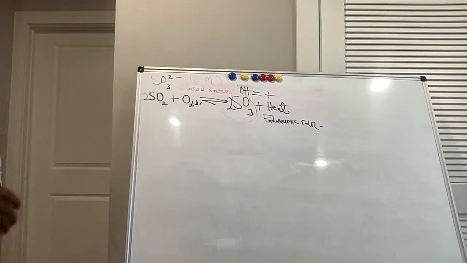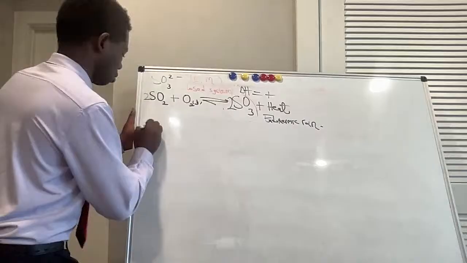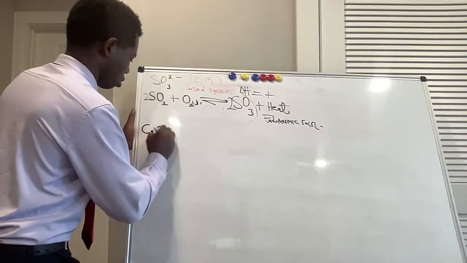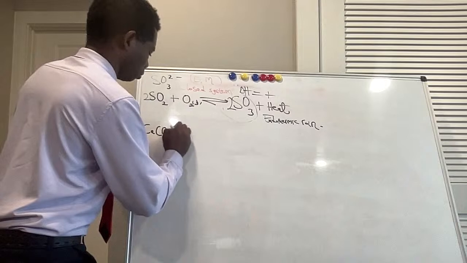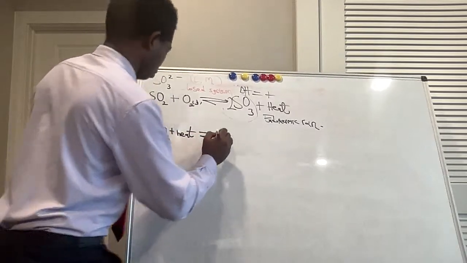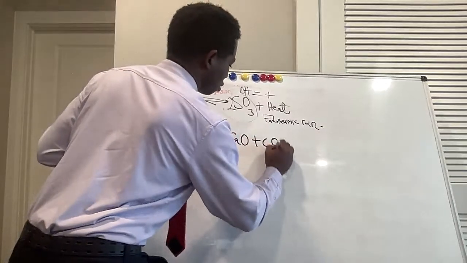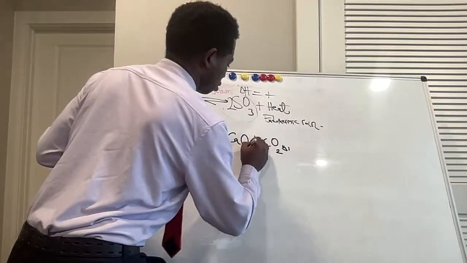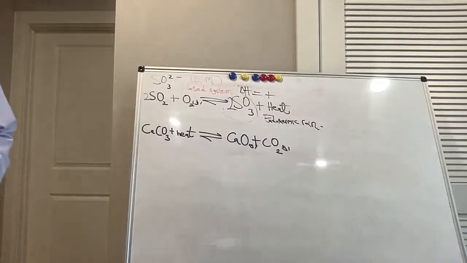So let's look at calcium trihydrocarbon 4 plus heat, giving calcium oxide plus carbon 4 oxide.